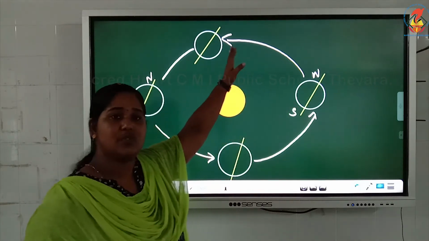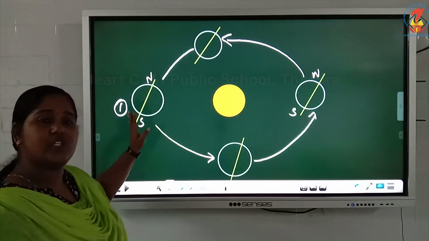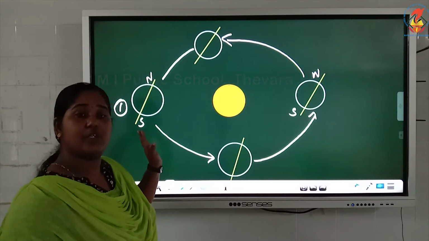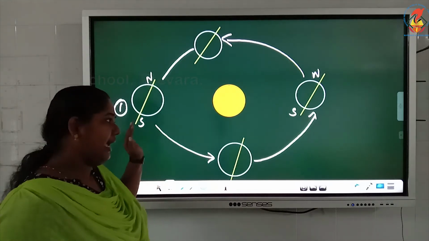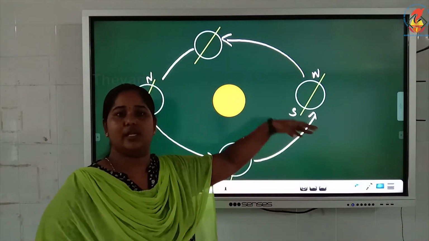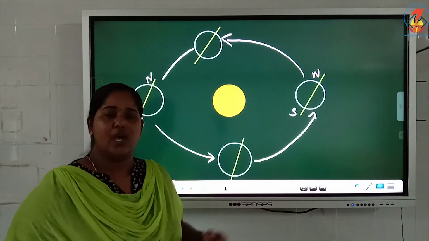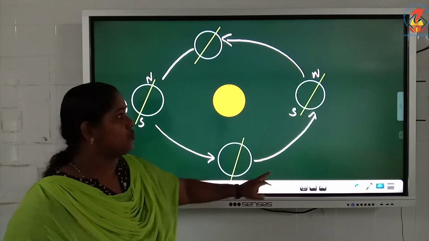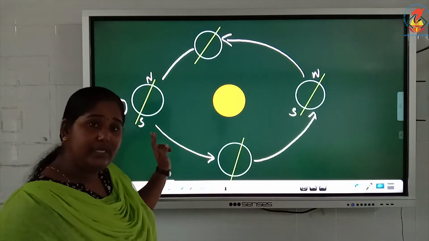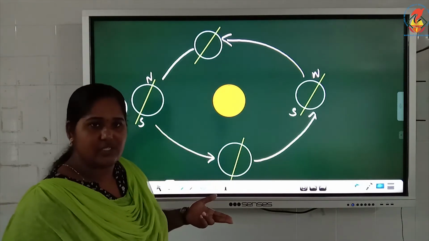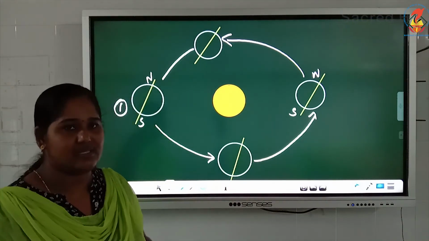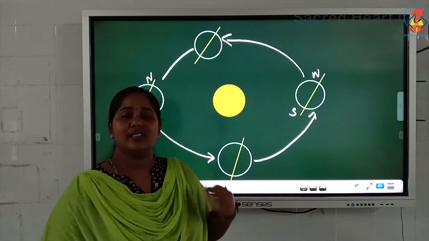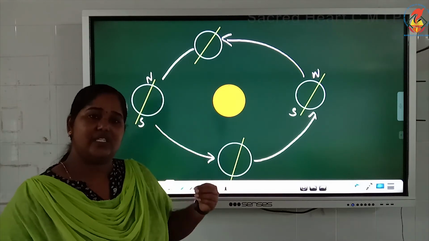Again when it revolves, the poles which are closer to the sun change, and again the season changes. Again when it completes half of the revolution, one more change happens. So that is how, when it completes one revolution or one year, we have seasonal changes. And the other seasons come in between these two main seasons. Okay, this is how season changes happen.